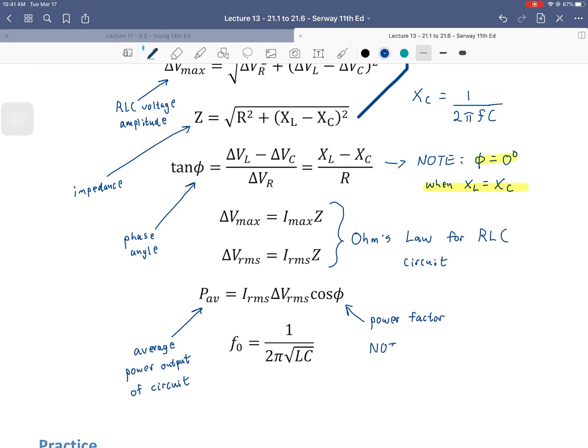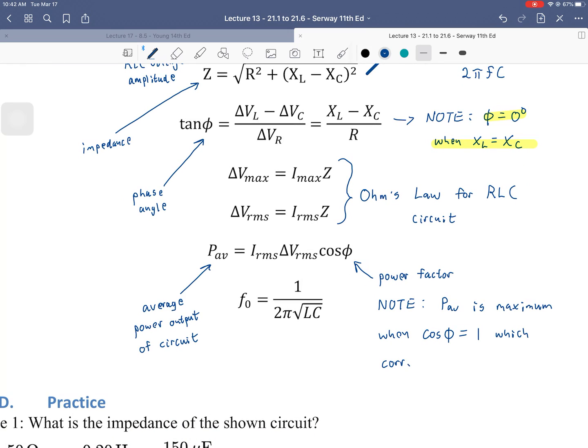So note that P average is at maximum when cosine of phi equals 1, which corresponds to phi equaling 0 degrees, which corresponds to the reactance of the inductor equaling the reactance of the capacitor.